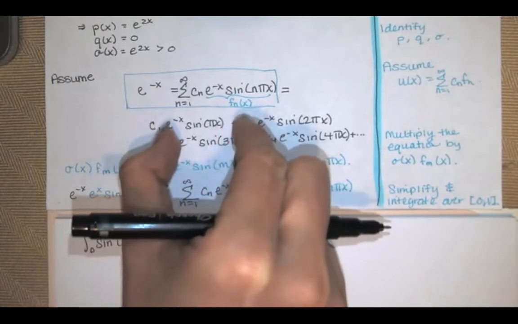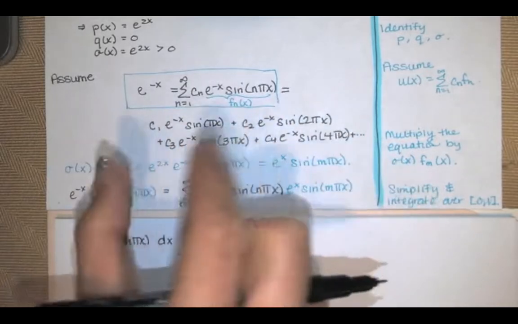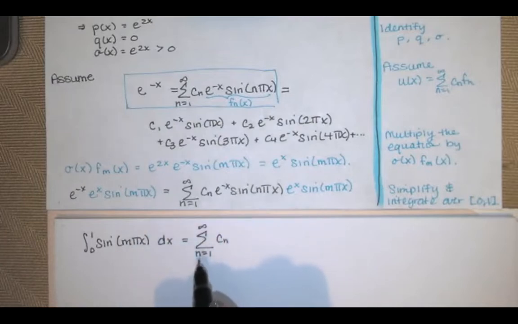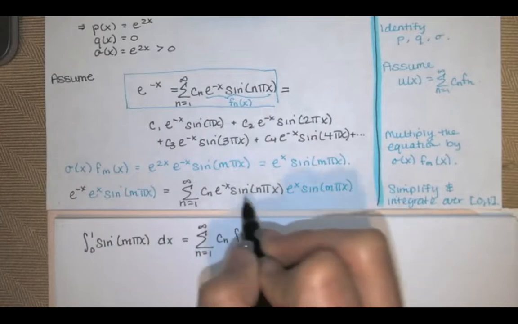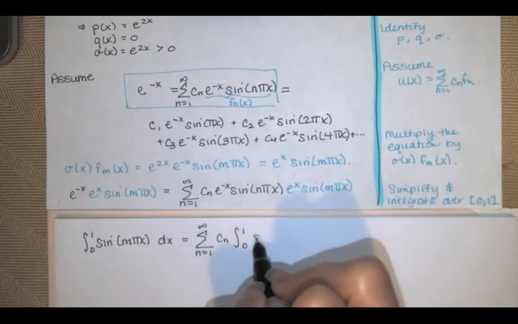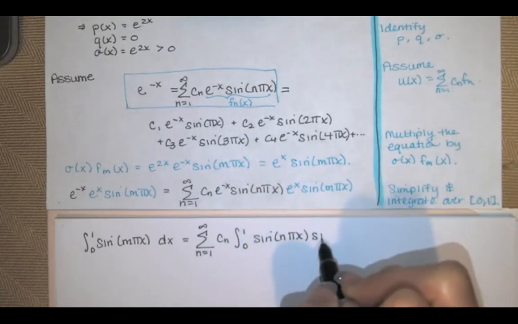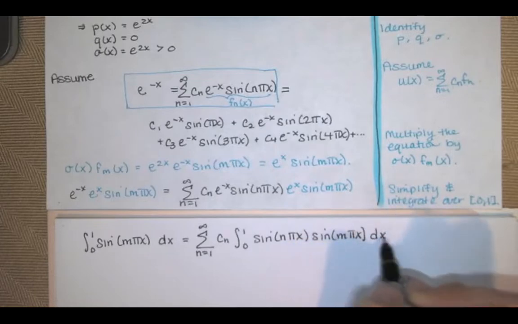And then I'll just integrate that piece and pull out the constant, and integrate that piece and pull out the constant, and so on, which is the same as just writing it like this. The sum as n goes from 1 to infinity of c sub n times the integral from 0 to 1 of the following. This times this is e to the 0, which is 1. And then we have sine of n pi x times sine of m pi x dx.